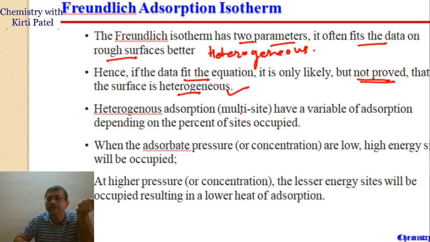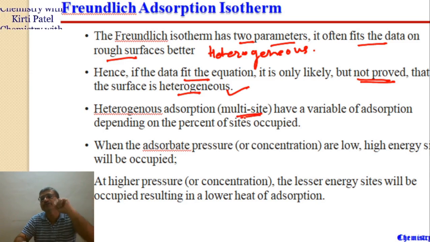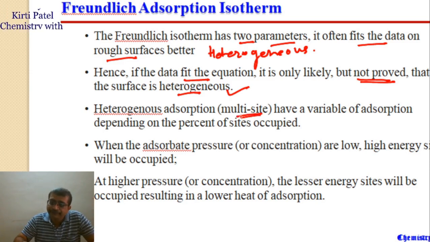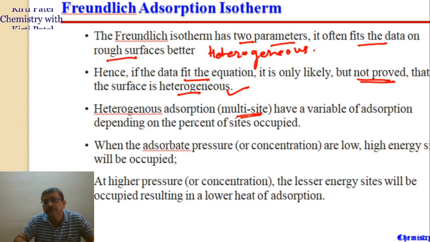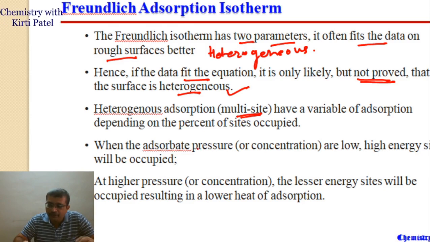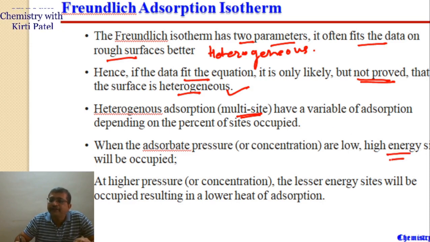Heterogeneous surface means it has multiple types of molecules on the surface, where the adsorption process can take place. As there are different types of molecules which allow the adsorption process to take place, there are high energy sites and also low energy sites.